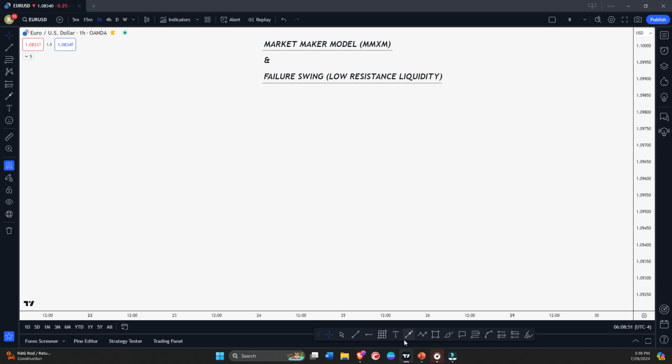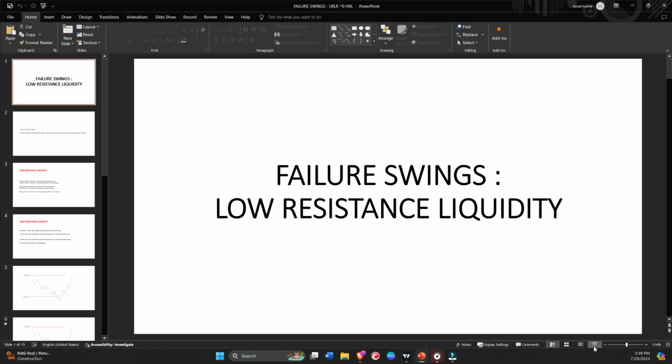So let's discuss this failure swing, low resistance liquidity. Basically ये एक लिक्विडिटी है, जिसको मैं अभी पावर पॉइंट में समझाऊंगा अच्छे से, सो डोंट वरी.